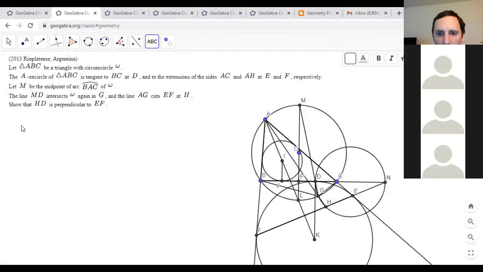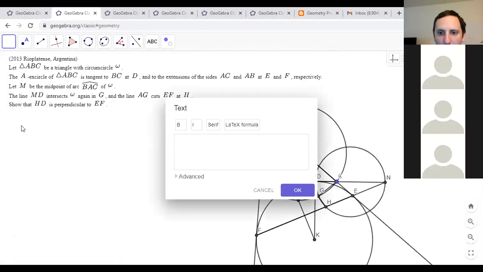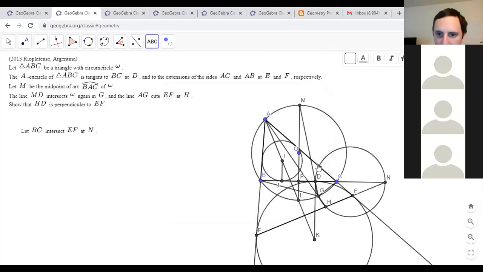Let me think, how do I start? Let BC intersect EF at N. And then we want to show DGHN is cyclic, and that's sort of just an angle chase.